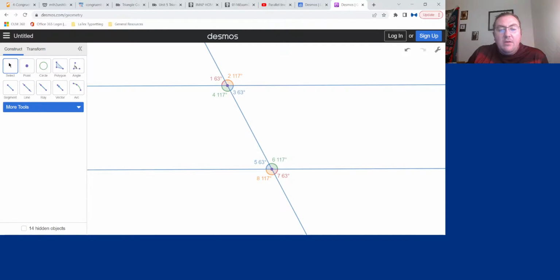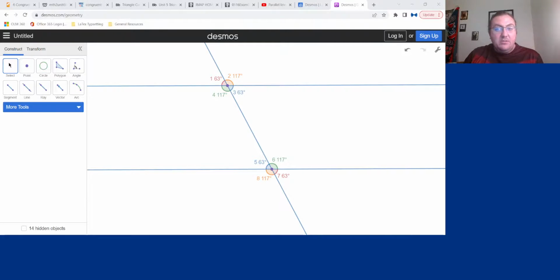So we have situations like that present in this diagram. But again, notice we started off only knowing that angle 1 and angle 7 were congruent. And then every other type of parallel line angle pair ended up falling into their categories.